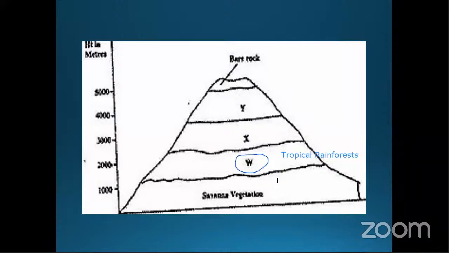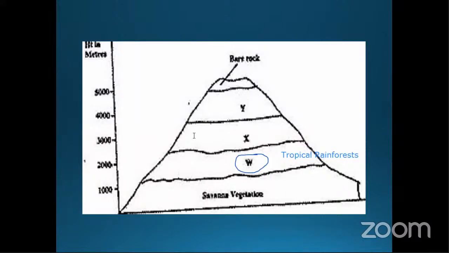This is the type of vegetation we expect at that height of 3,000 to 3,900 meters as you move up the highland. So here we have bamboo. On part X, there is bamboo.